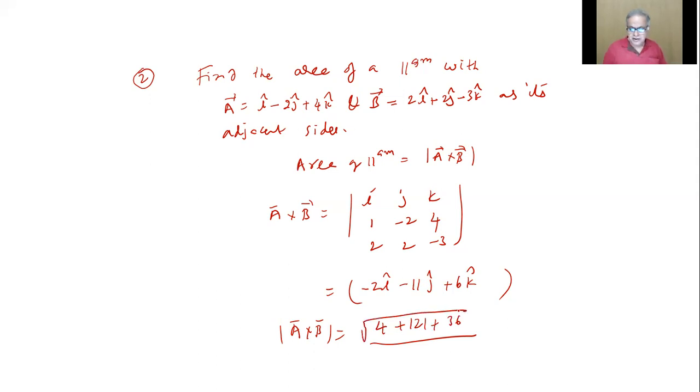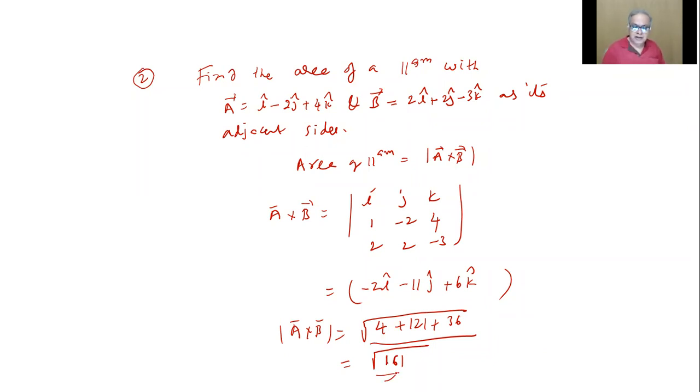How much is that? 125 plus 36. 161. So this many units.